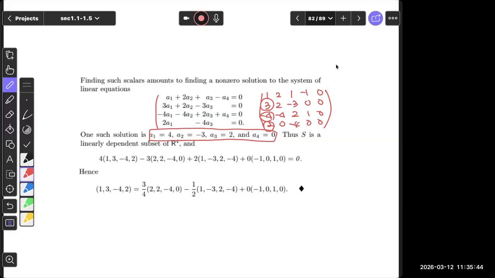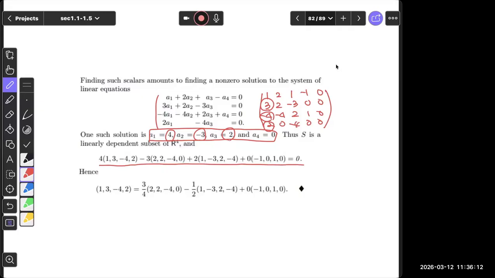You can plug in zeros, right? But that is not what we want. We want to check whether this problem has a non-trivial solution, with at least one non-zero value. Okay? So we have a linear dependency relation.